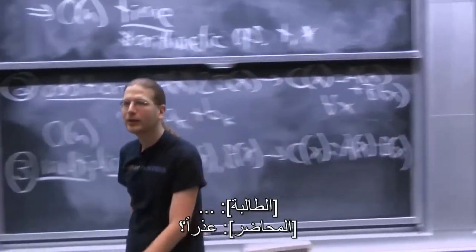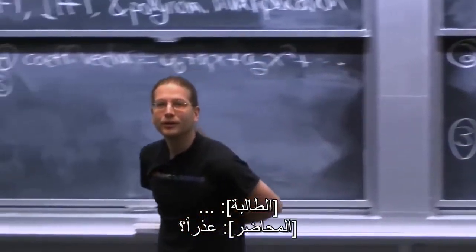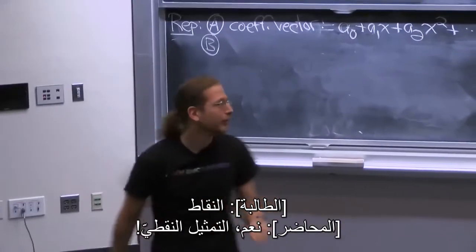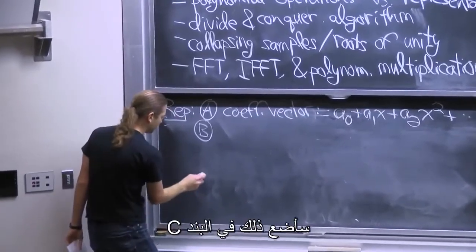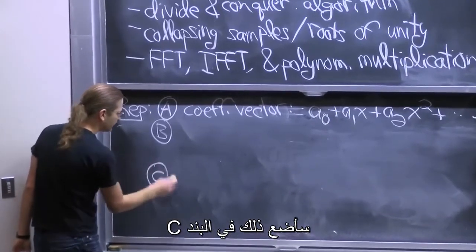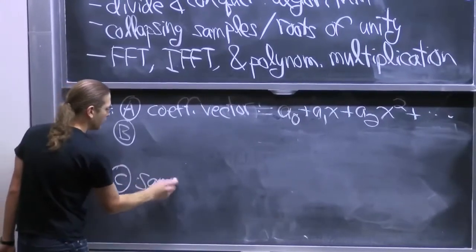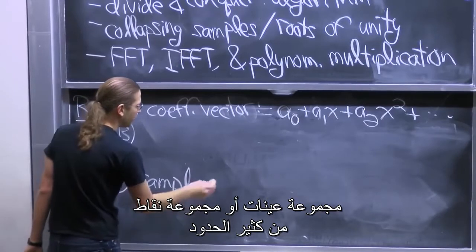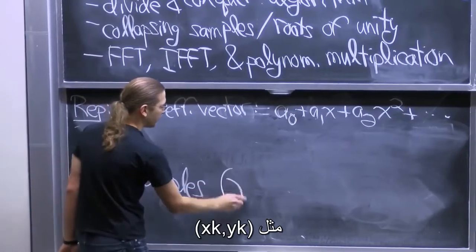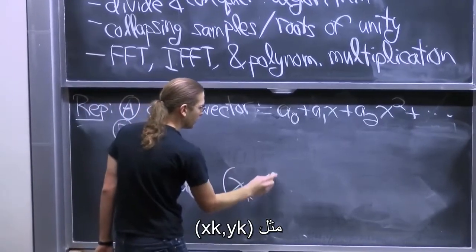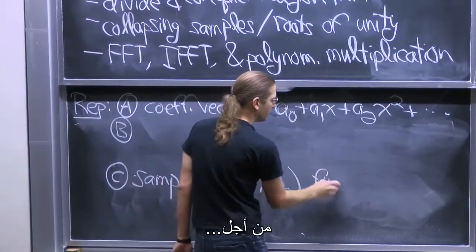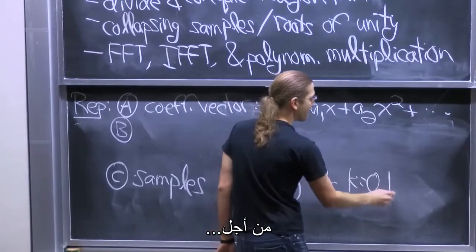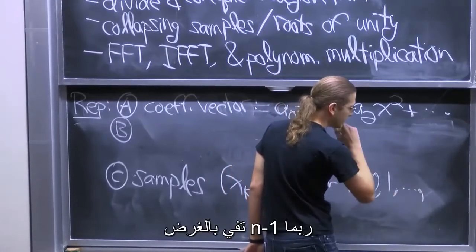Yeah? Point representation. Yeah, I call them samples. I'm going to put that under C. A bunch of samples, a bunch of points on the polynomial. So like (x_k, y_k) for, how many do we need?